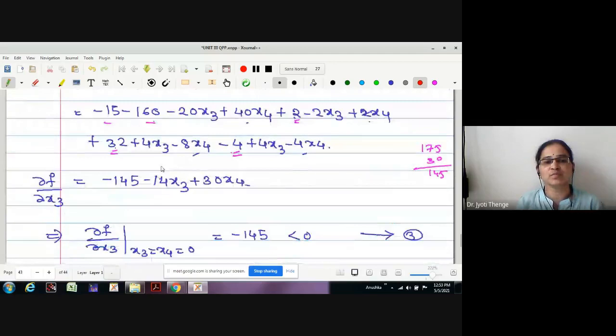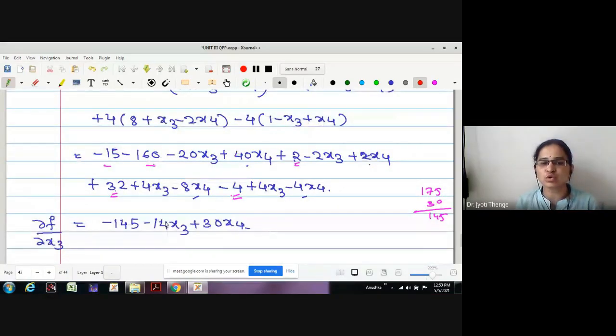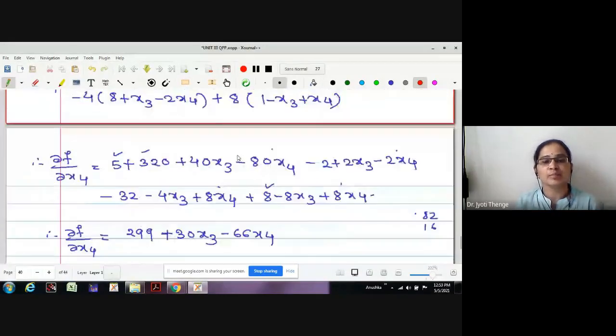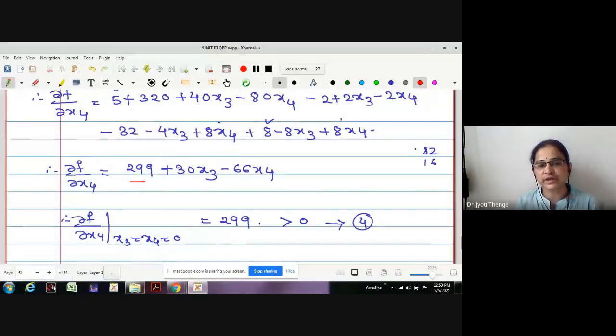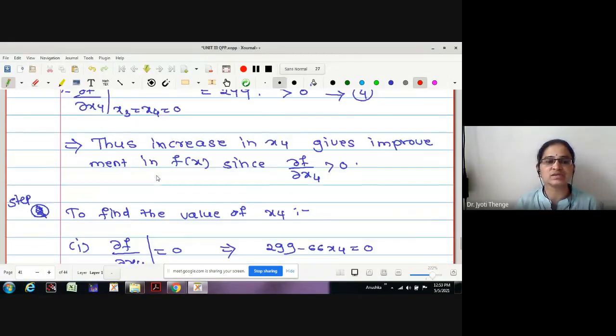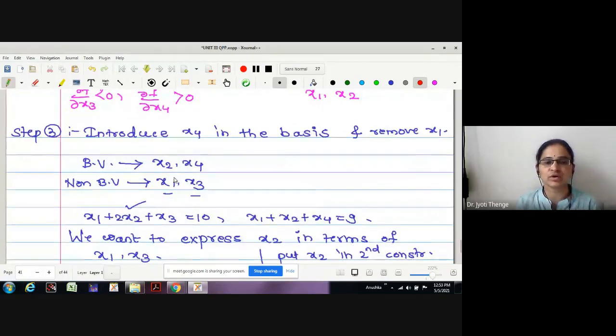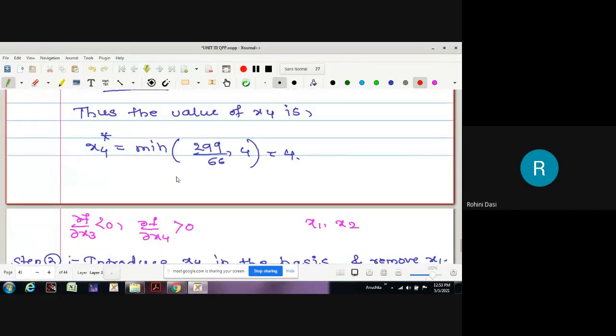In the first step also, there is no need to make this simplification. You first check the constant. If the constant is negative, no need to find out this simplified value. You can directly get it. But here, if the constant is positive, you have to find the simplified value because this value is essential for finding the value of x4. Is that okay? Yes, ma'am.